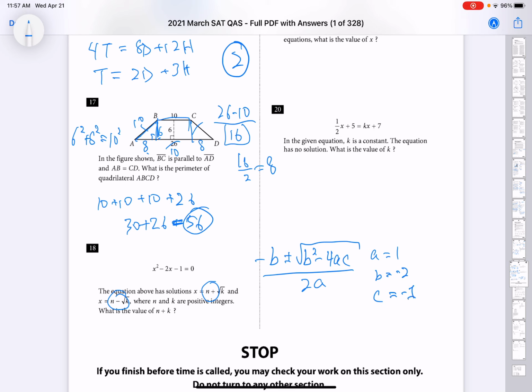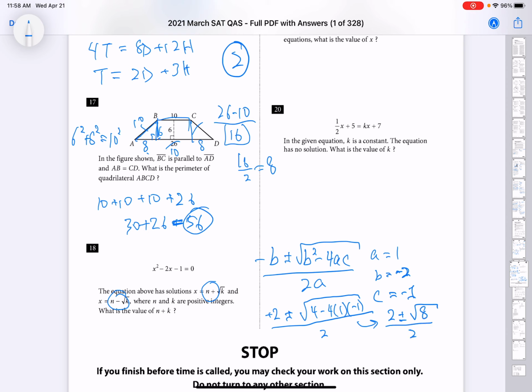So if I plug in all of those values, I'm going to get positive 2 plus or minus the square root of negative 2 squared, which is 4, minus 4 times 1 times negative 1. And that is all going to be over 2 times 1, which is 2. Continue my work. I'm going to get positive 2 plus or minus the square root of 4 plus 4, which is 8, over 2.